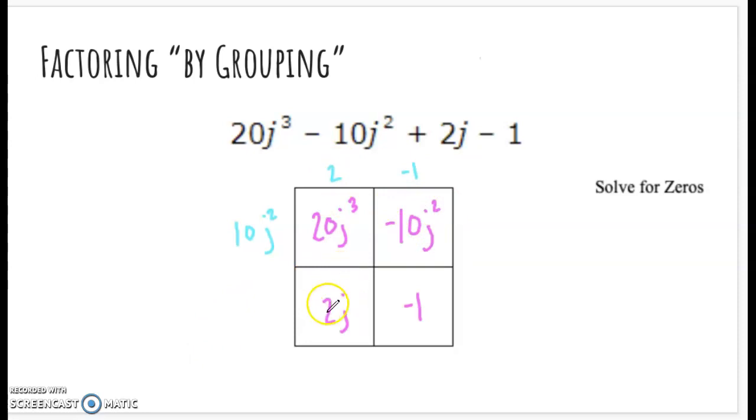And I've got 2 times j to make 2j, and j times negative 1. You guys see where I went wrong? There should be a j here, and down here should be a 1. And voila.